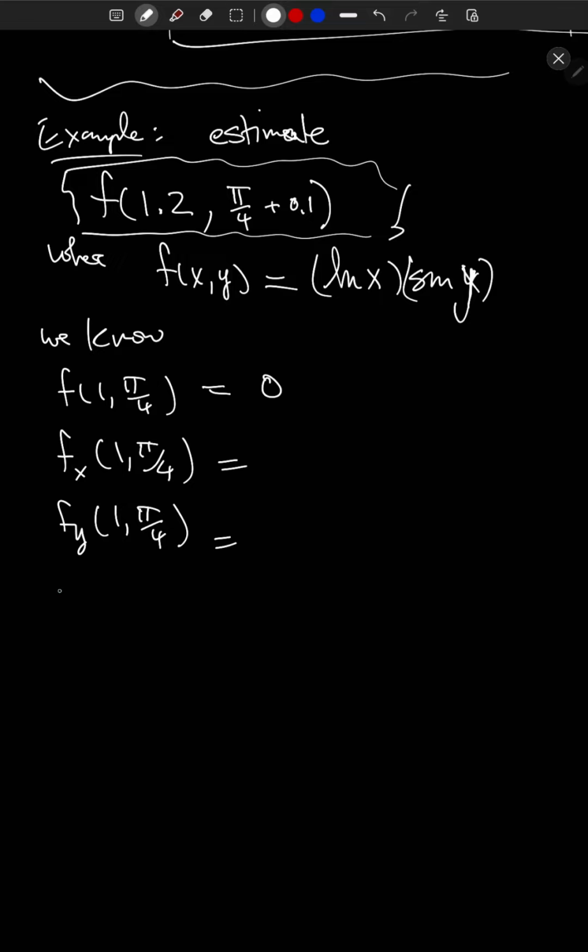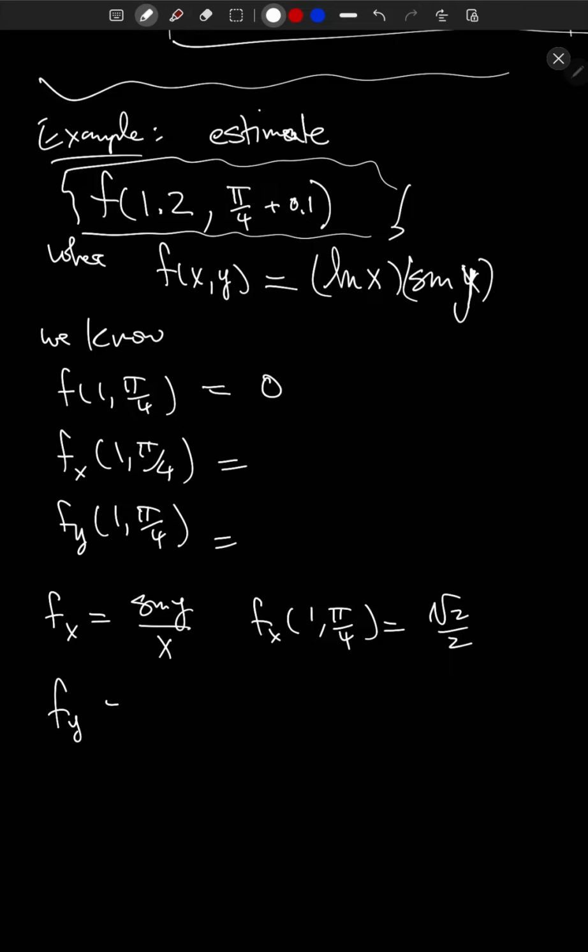Let's calculate the partials. f sub x is equal to sine y over x. And so f sub x at 1 comma pi over 4 is going to be equal to root 2 over 2. f sub y is equal to, well, this one is actually going to turn out to be 0, but let's do it anyways. Natural log of x times cosine y, right?